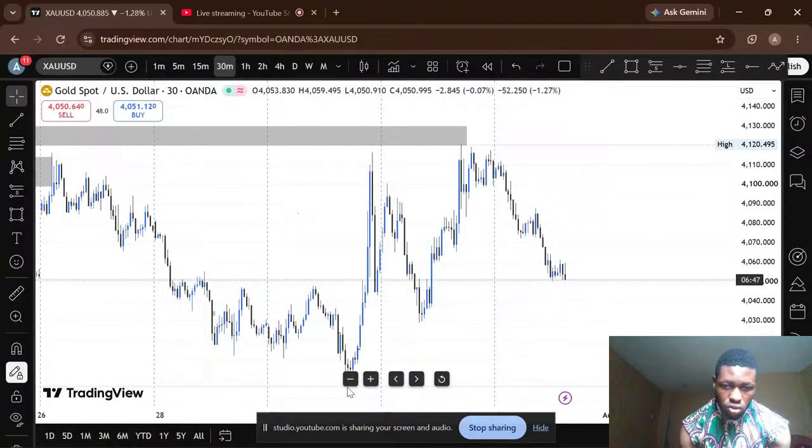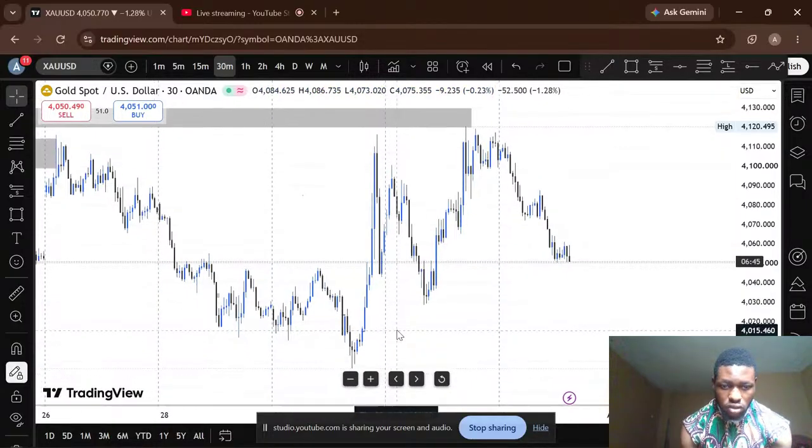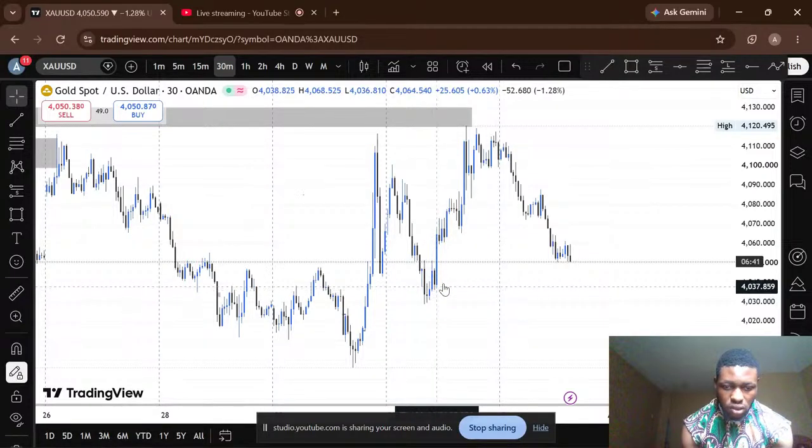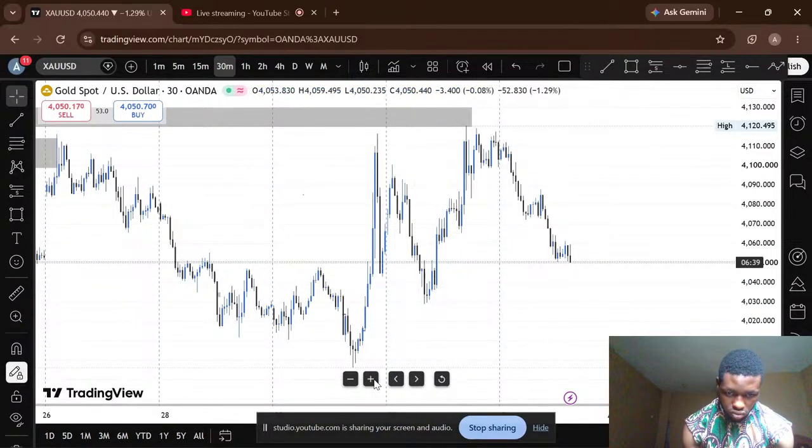So looking at the current movement of this market, there is one thing we want to do.